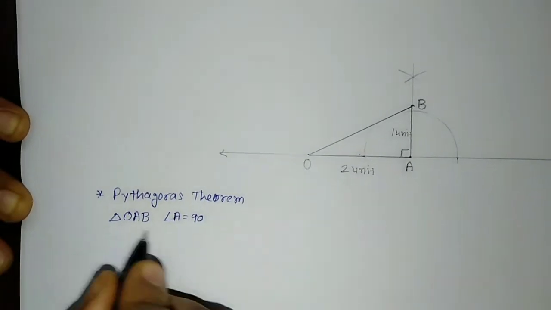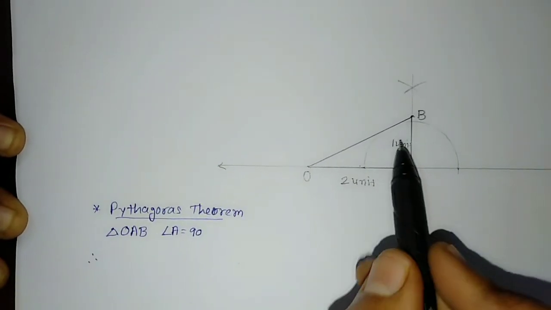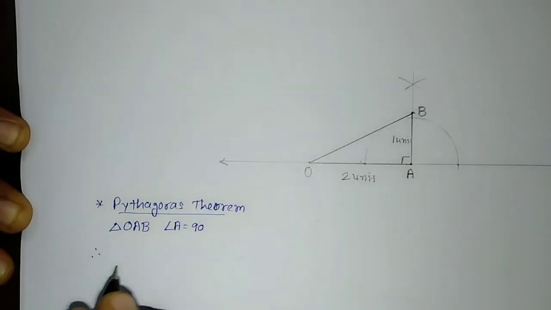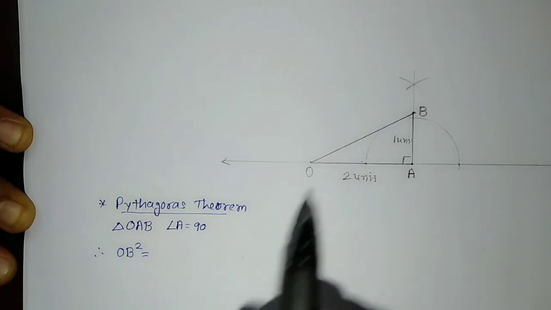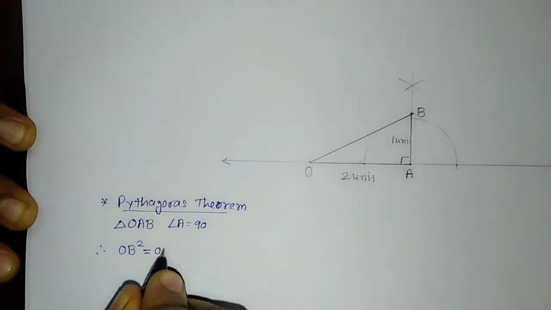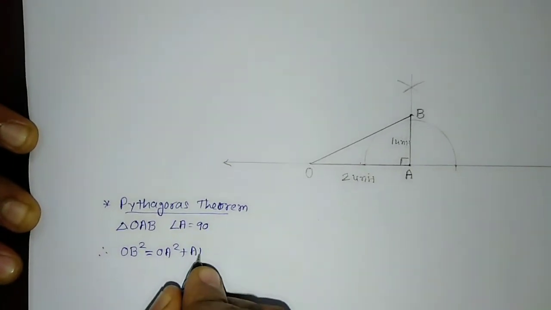Therefore, in this figure you can see this is hypotenuse. So square of the hypotenuse, that is OB square, is equal to sum of the square of both the sides, that is OA square plus AB square.